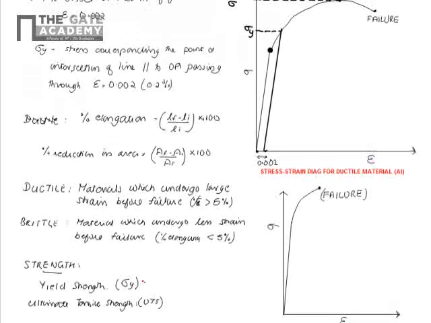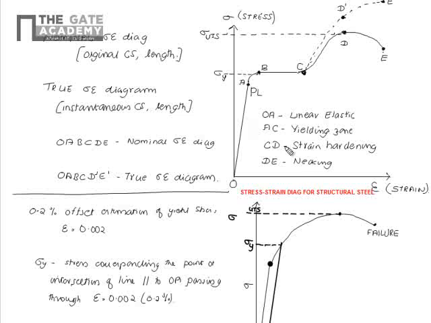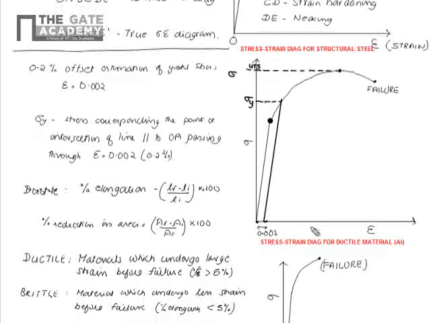As I have already mentioned, for structural steel the yield strength is the stress value corresponding to point B, and the ultimate tensile strength is the stress value corresponding to point D. In ductile materials like aluminium, the yield strength is the stress value at the intersection of the line parallel to the initial straight line passing through the strain of 0.002, and the maximum stress attained in the stress-strain diagram is the ultimate tensile strength.